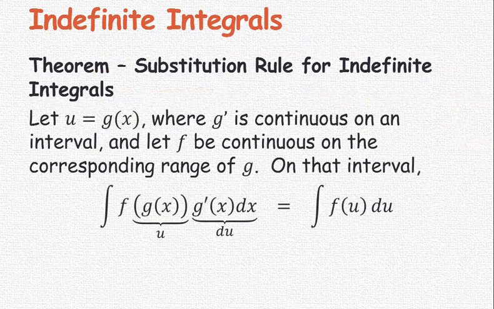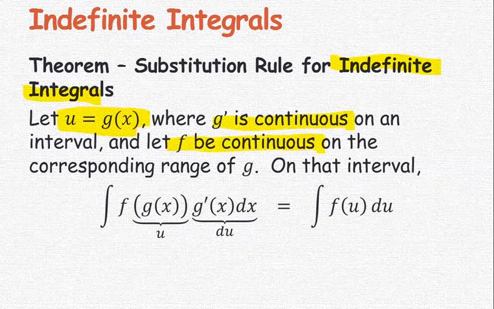Okay, for the indefinite integral, the first part is the substitution rule for indefinite integral. u is a function g of x, where g prime is continuous on the interval, and f is continuous on the corresponding range of g.